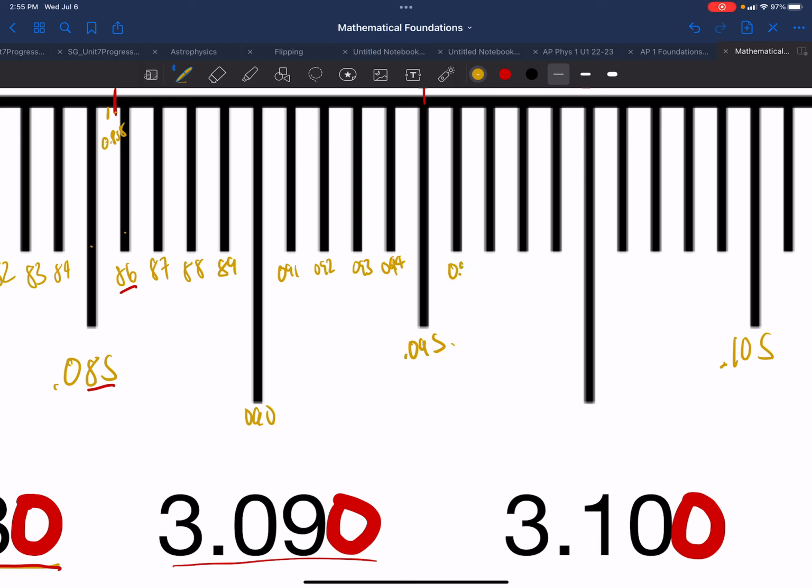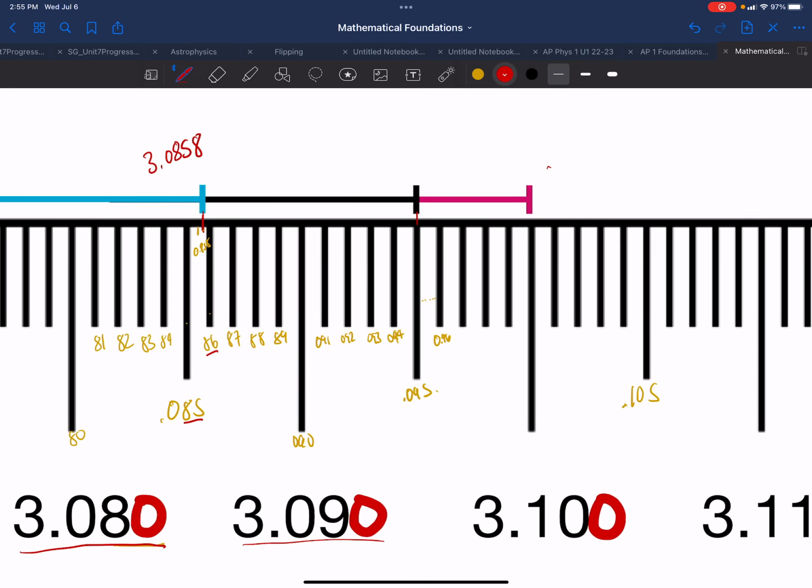This is 096, and we're saying it has no more of these additional marks. So the measurement would be 3.0950. It is between the 095 and the 096, but it is exactly on the 095, 0 of those extra little divisions.